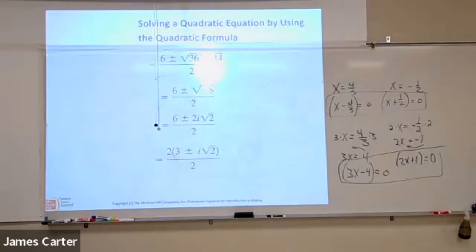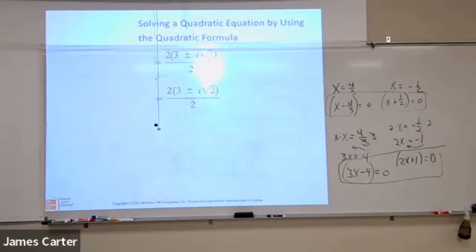By the way, this business right here, all they're doing is showing that they're going to divide 2 into 6 is 3, and 2 into 2 is 1. And then they're going to cancel those 2's, which means you got rid of them. Here's the last step on the one before.